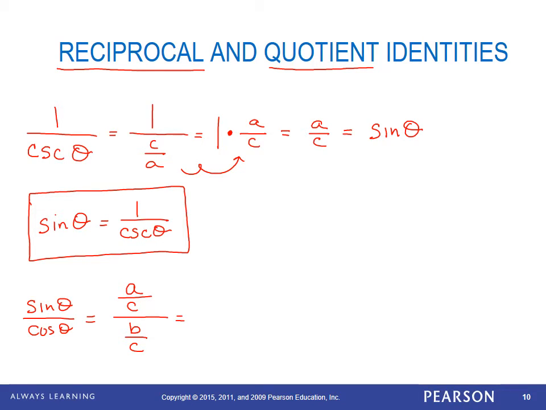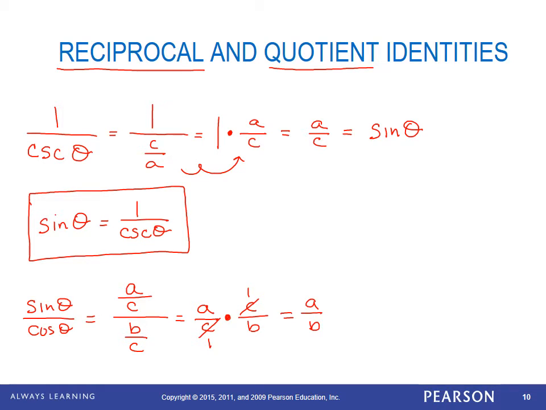And again, you can cancel off the denominators right away if you like. The proper mathematical way of doing it is you keep the numerator exactly where it is and multiply through by the reciprocal of your denominator. In that case, it's going to be c over b. And then you notice the c's are going to cancel, and you're left with a over b.